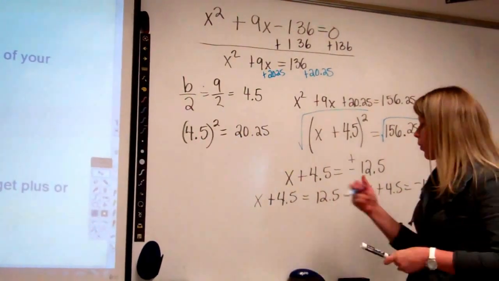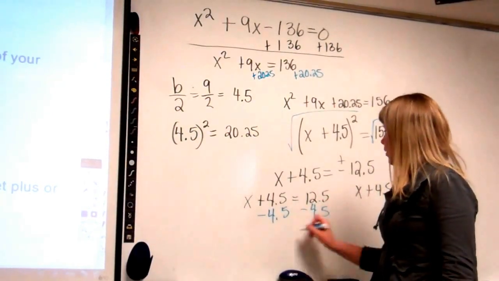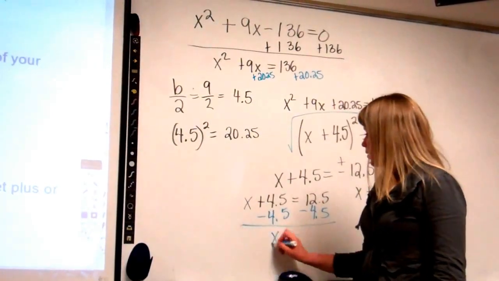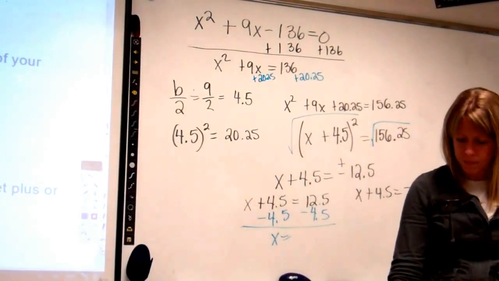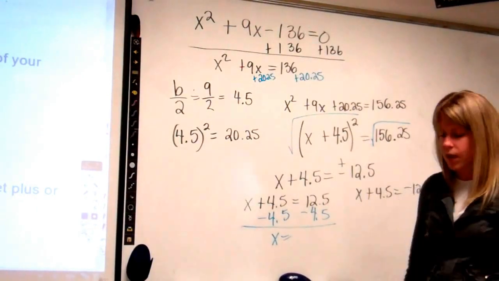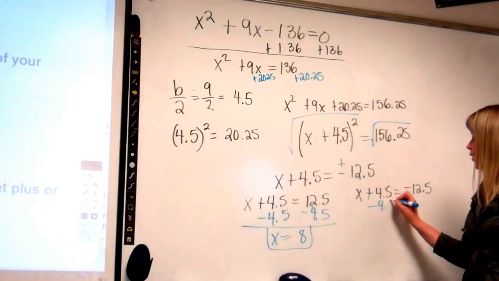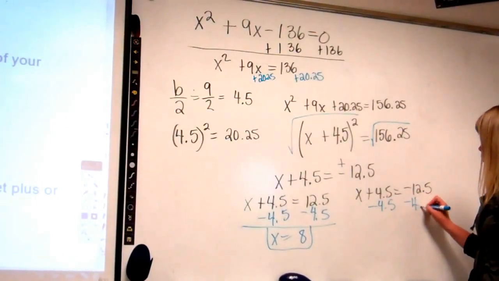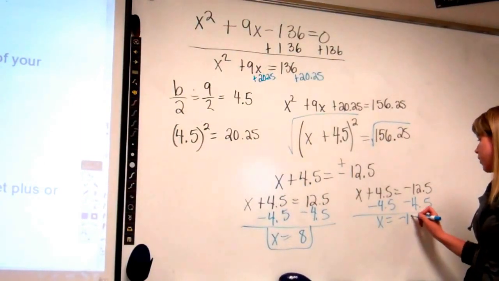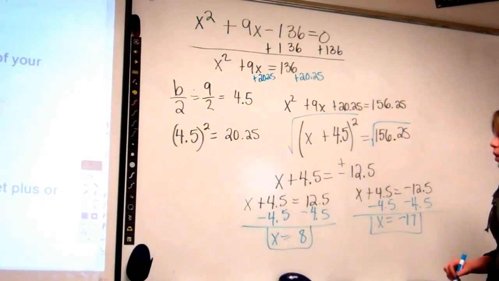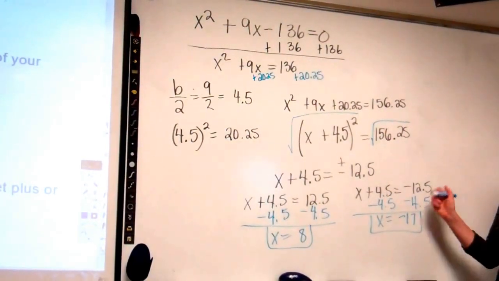So you subtract 4.5 from both sides, and you get x equals 12.5 minus 4.5, which is 8. And then you subtract 4.5 here, and you get x equals negative 17. So you've successfully found both of the x-intercepts in the problem.